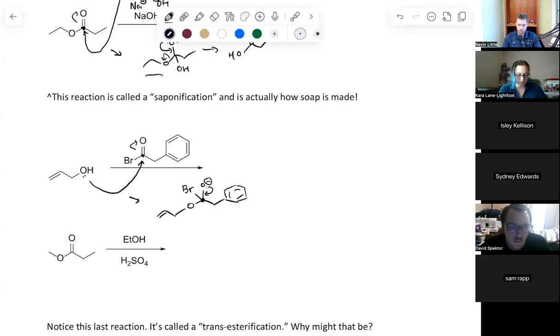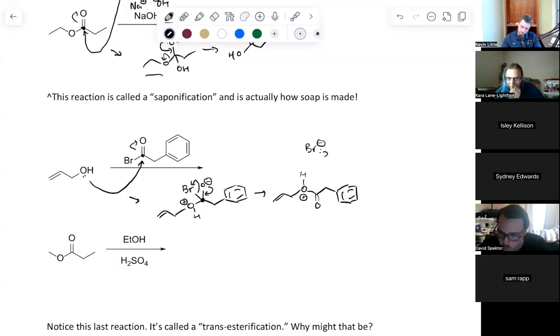This carbon already has 4 bonds, so I need to be able to kick something off. In this case, I do have a bromine I could kick off, and I do. Oh, I lost this. Sorry. Now I've got to deal with the charge. So I'm going to use the bromine to take the proton.